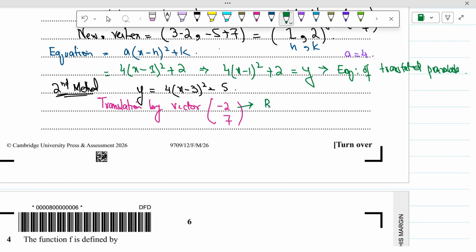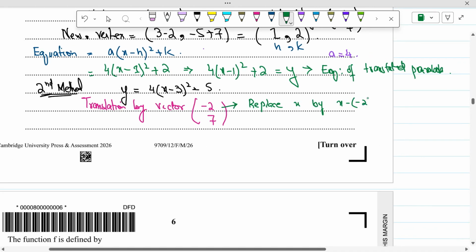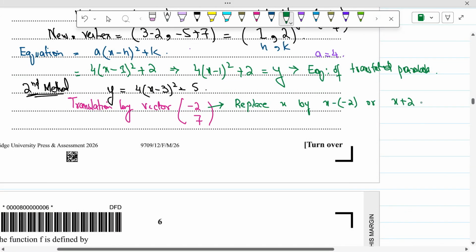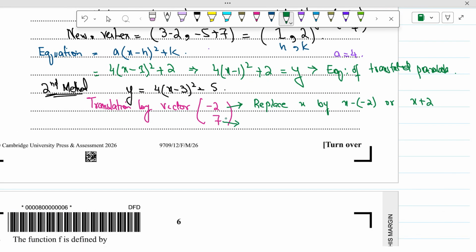So replace x by x minus (-2), or you can say x plus 2. So x will be replaced with x plus 2. And 7 represents the translation upward by 7 units, so we just need to add 7 to the equation.